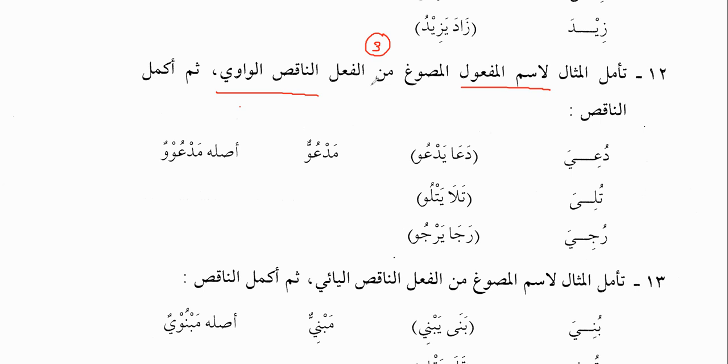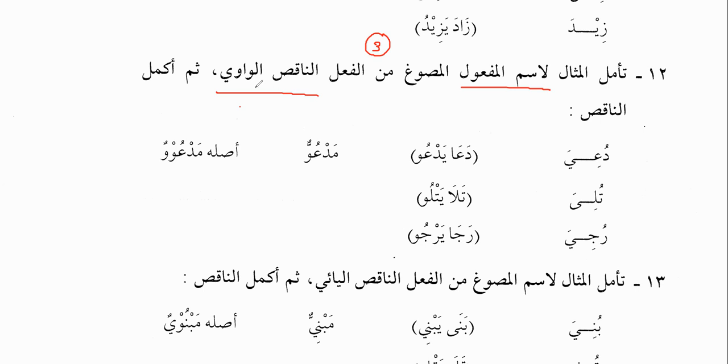It is naqis wawi. What do you understand by naqis? Naqis means something missing or something unusual. And when naqis comes in verbs, it means at the end of the verb, the letter at the end will be weak. So that is what you should have an idea of as soon as you hear the word naqis.